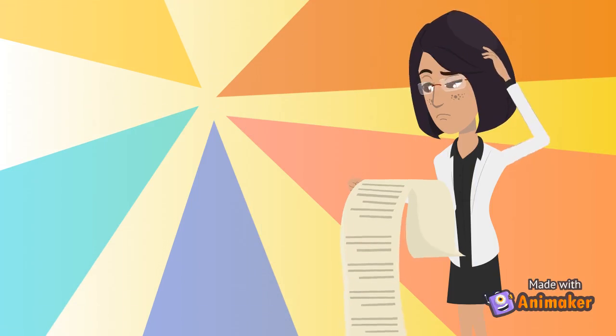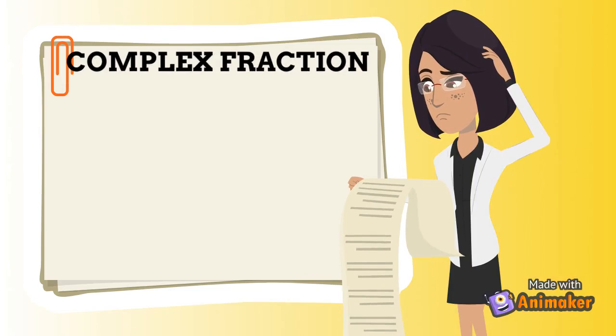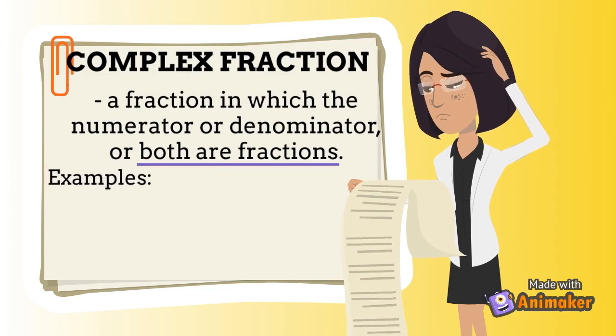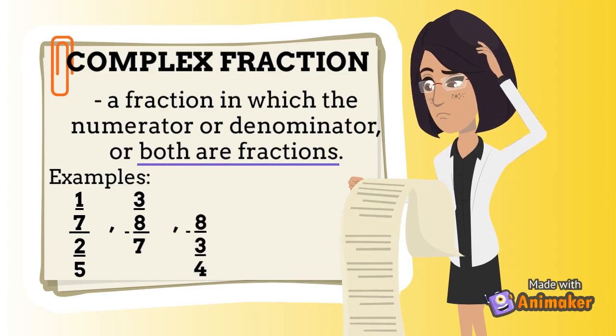The next one, we have complex fraction. A complex fraction is a fraction in which the numerator or denominator or both are fractions. Examples are 1/7 over 2/5 and negative 3/8 over negative 8 3/4.